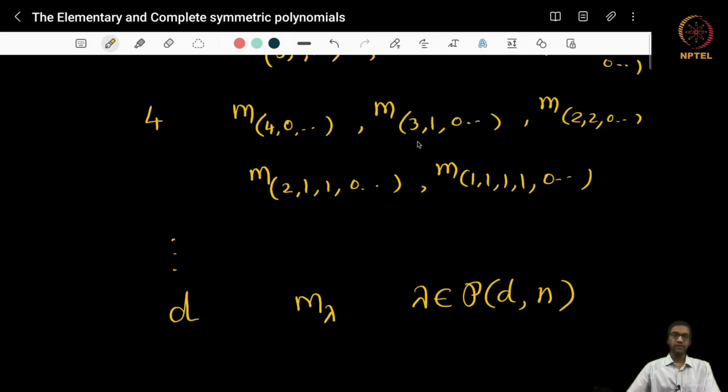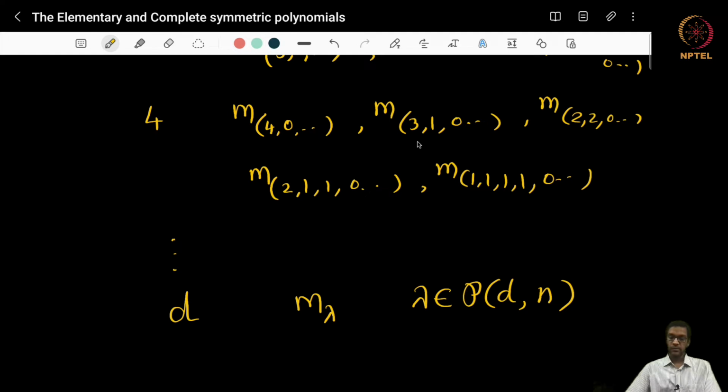Okay, and I'm supposed to append it with 0 for the rest. Of course this is not going to be a constraint if n is very large compared to d, but in general d may be very large too. If d is bigger than n, then of course you won't get all partitions of d, but only those partitions of d with at most n parts. Okay, so this is the general picture here.